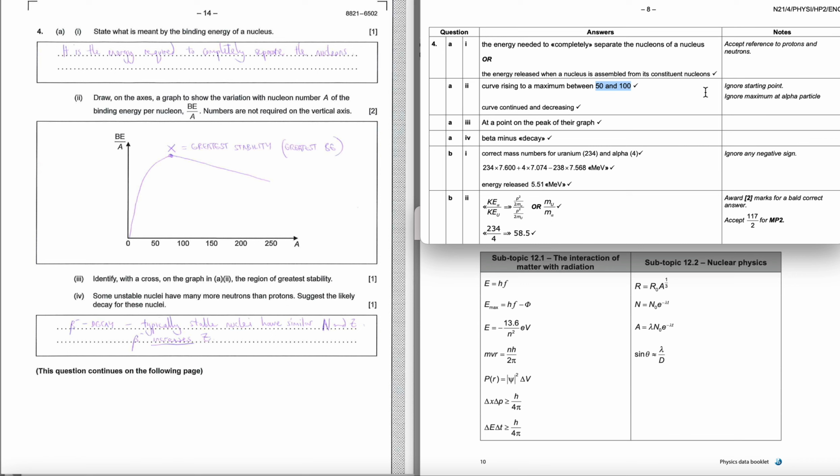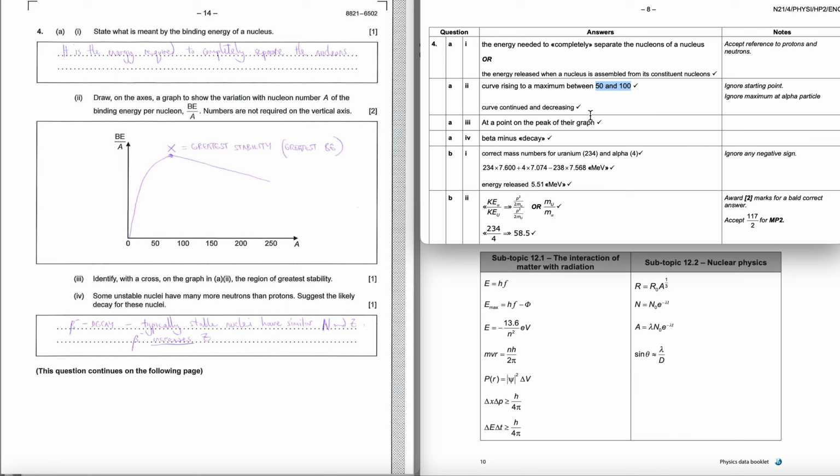This is why I like showing my answers: you'll notice that there's no actual graph shown in your mark scheme. However, an example answer there would be quite useful. So we've done our graph, we've got it rising and then decreasing.